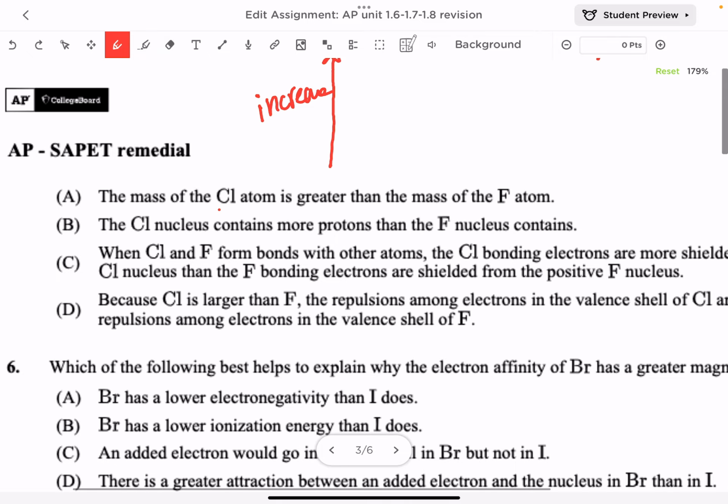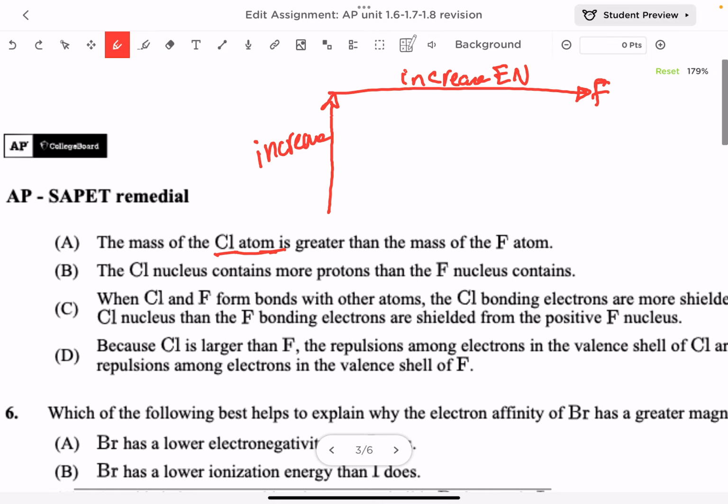Electronegativity is not at all related to the mass, so that's wrong. The Cl nucleus contains more protons than the F nucleus? This is true: F has 9 protons, Cl has 17, but this has nothing to do with the atom loving more electrons. So I'm going to discard this choice.